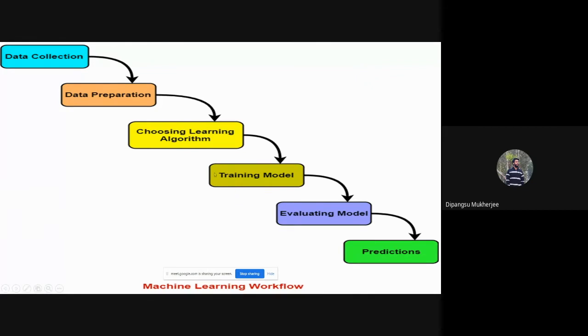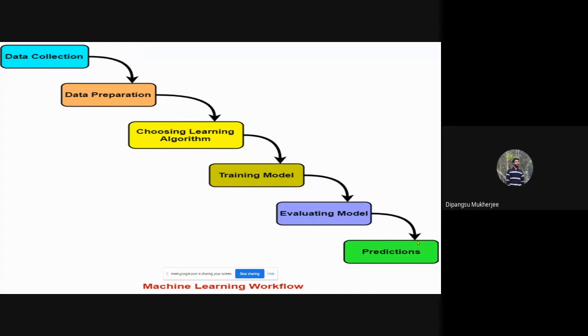And lastly, if we are satisfied with our accuracy, that means if it is 85%, 87%, or nearer to 90%, then we are satisfied that this is our model, and we will evaluate our model. With that model, we will predict on new data.